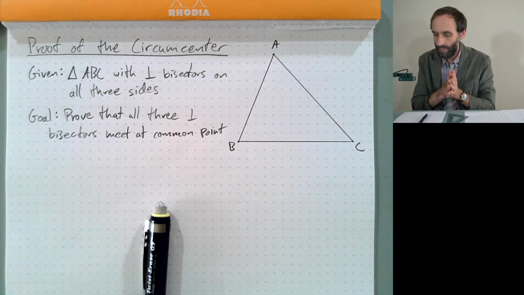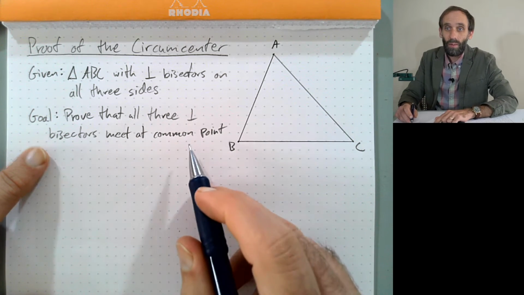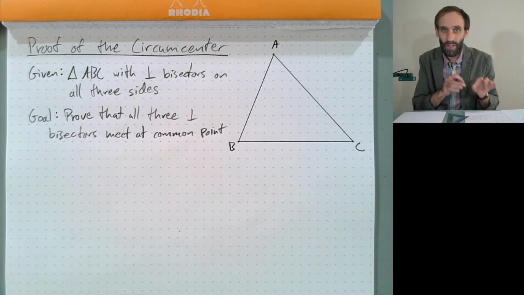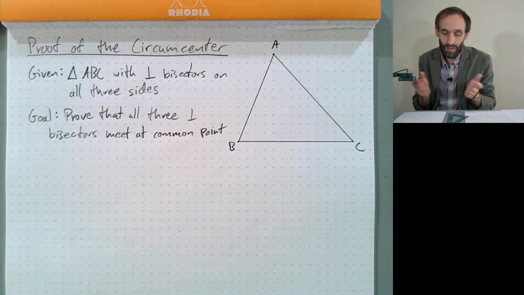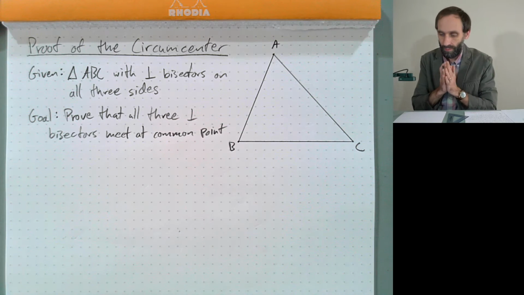So, instead of just directly trying to prove that the three perpendicular bisectors meet at a common point, we're going to assume that they don't all meet at a common point. And that will lead to a contradiction. This is based on the rule of contradictions, which is something that we talk a bit about in unit number 2.